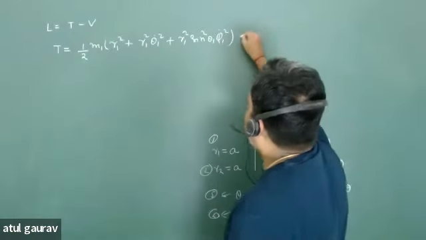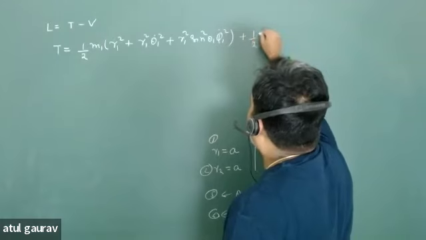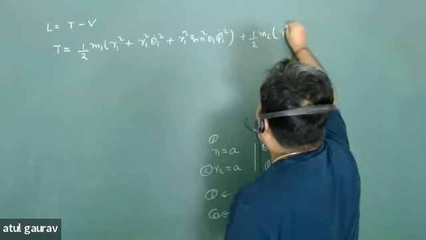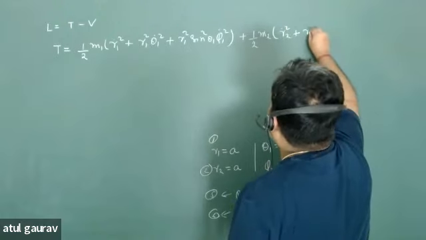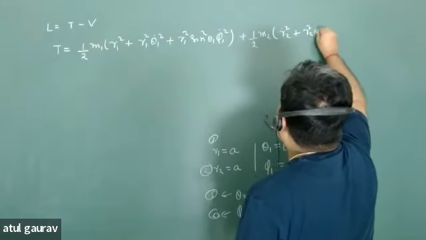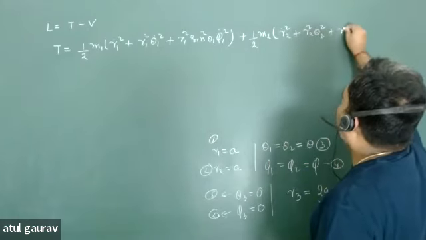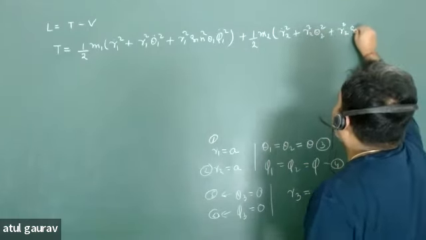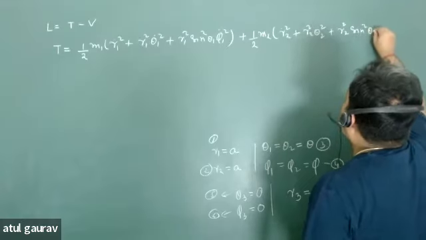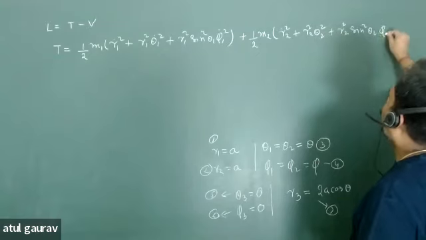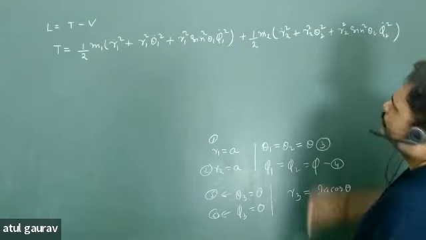Then we go for the second particle, and that value is half m2 r2 dot square plus r2 square θ2 dot square plus r2 square sin square θ2 phi2 dot square.